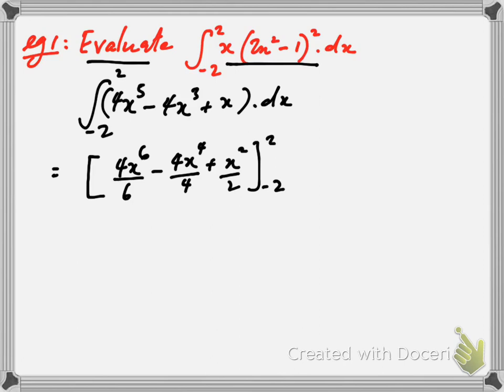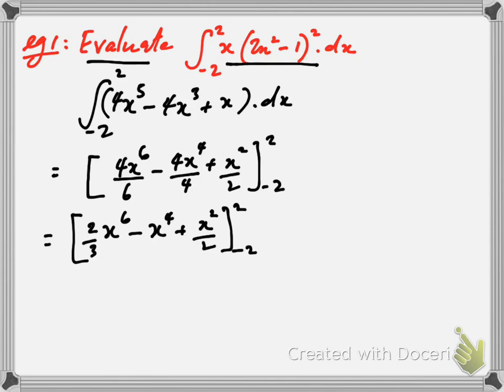I would simplify it before I proceed. So 4 over 6 would be 2 over 3 x to the power 6, minus 4 will cancel with 4 at the bottom, x to the power 4, plus x squared over 2, from minus 2 to 2.